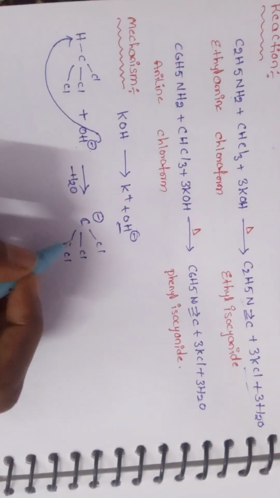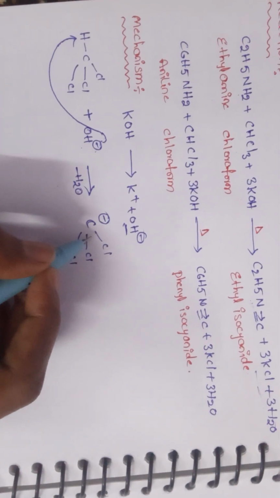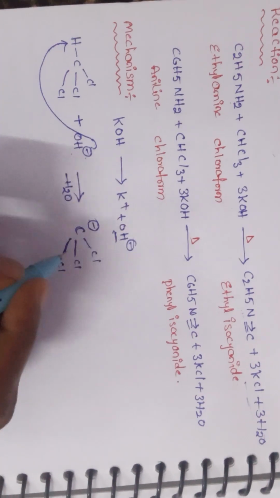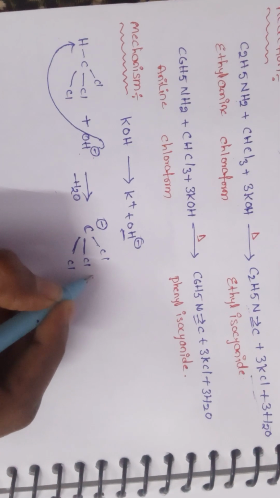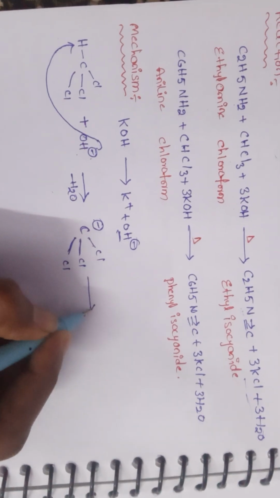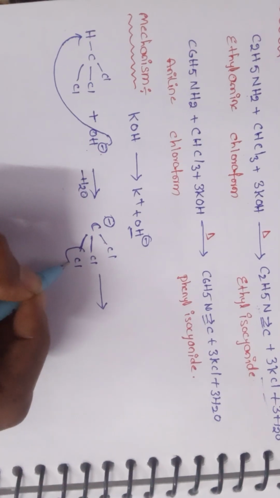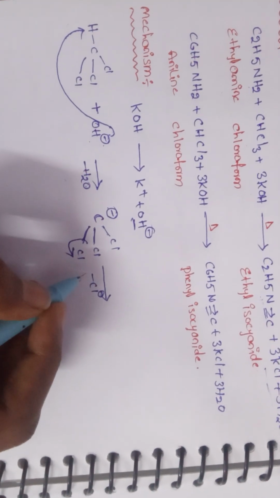Why? Carbon valency is 4, but here only 3 bonds are there. Minus means it wants another bond. So this is the process, the carbon gets a negative charge. In the next step, chlorine is removed, that means minus Cl minus.